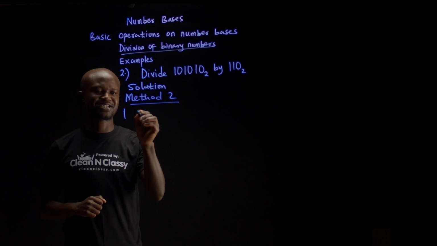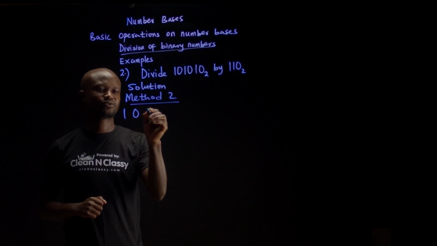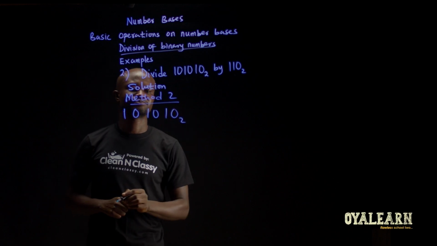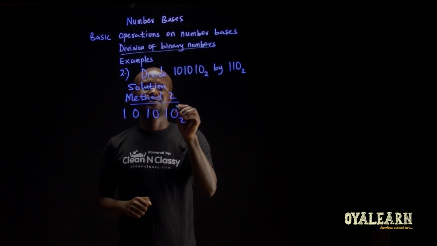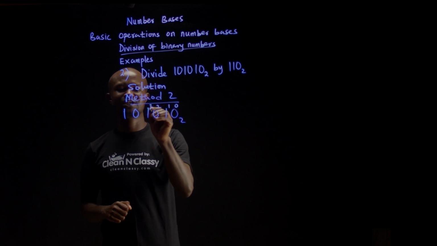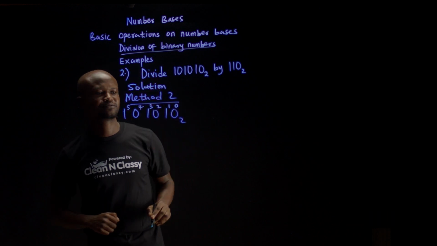Converting the dividend to base 10. 1, 0, 1, 0, 1, 0 base 2. Now, assigning values 0, 1, 2, 3, 4, 5.